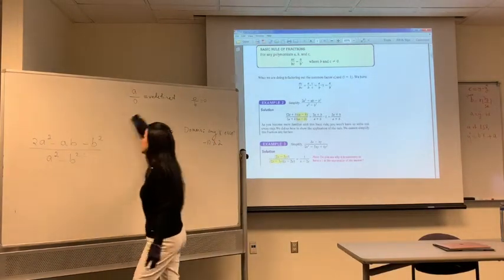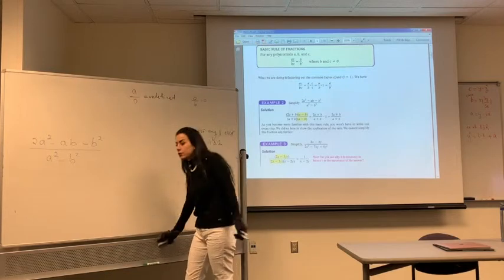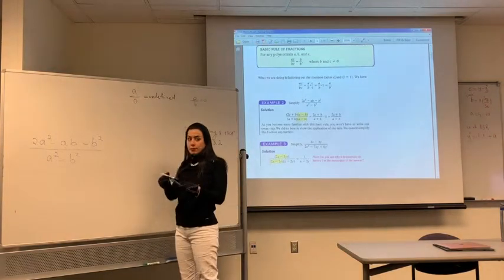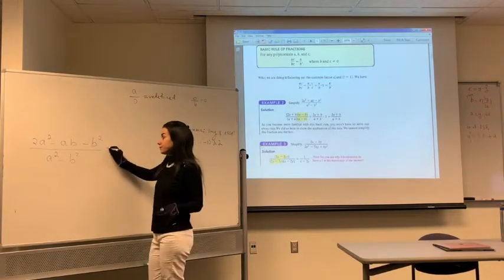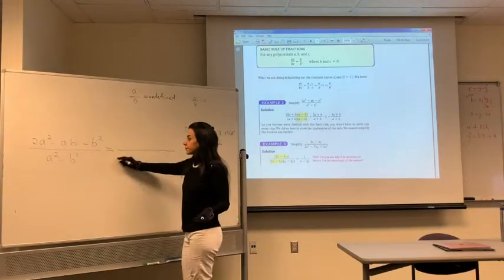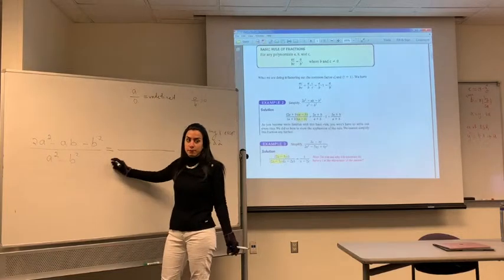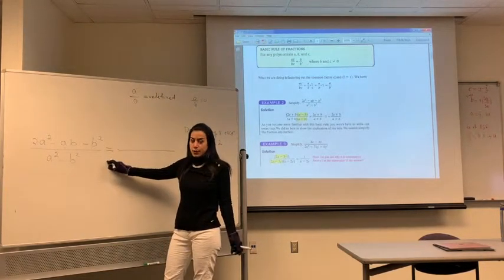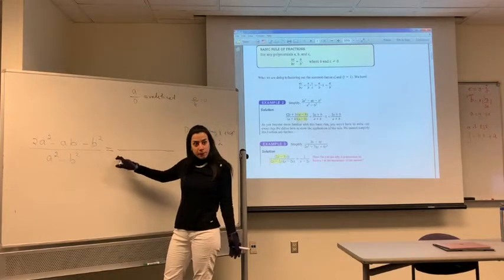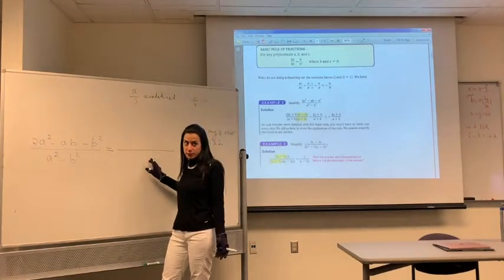So a squared minus b squared is equal to, do you remember? A squared minus b squared can be written as a parenthesis multiplied by another parenthesis.